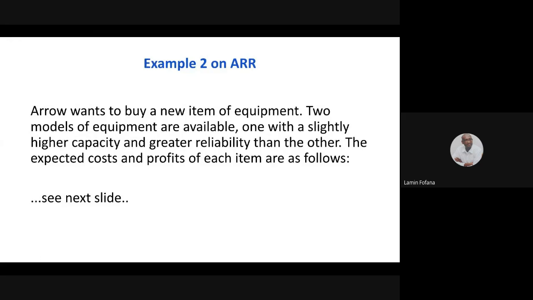Example 2 starts on page 5, at the bottom, and it continues on top of page 6, just for your reference. So I'm going to read. Please make sure you screenshot it if you haven't got it, so that we can walk through it smoothly.